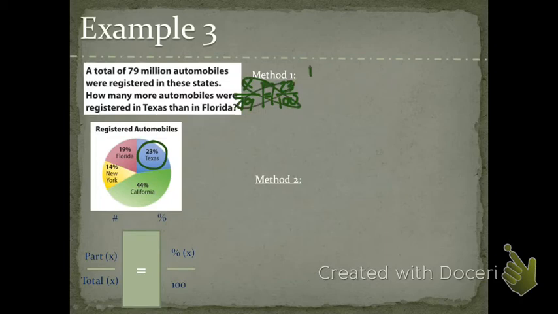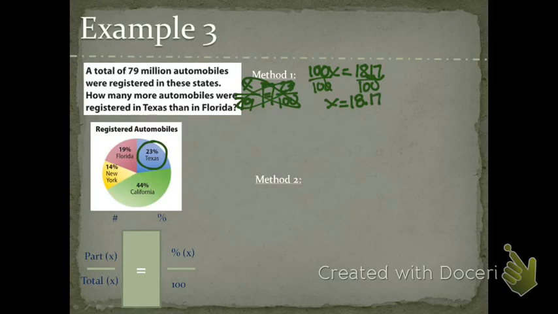So we're going to cross multiply, we get 100x. Okay, then we have 79 times 23, we get 1,817. Divide our 100 to both sides. Okay, remember you can just move it 2 times to the left, so we get x is equal to 18.17.